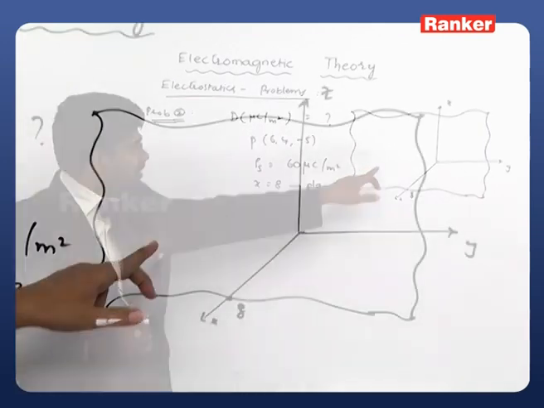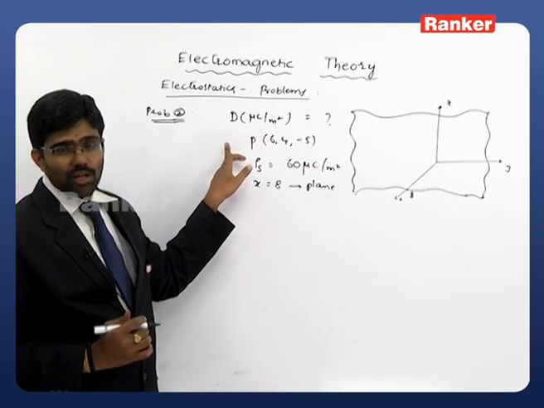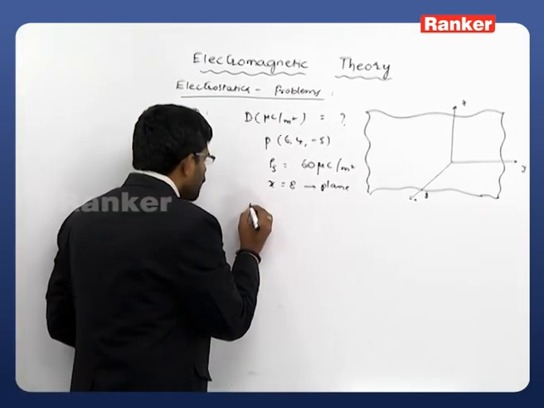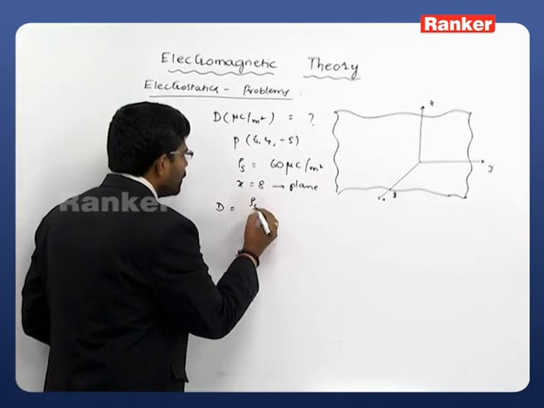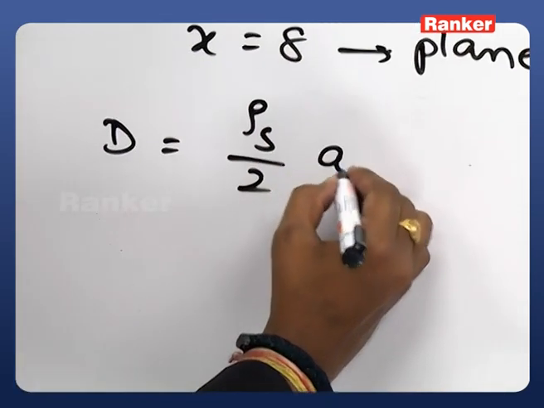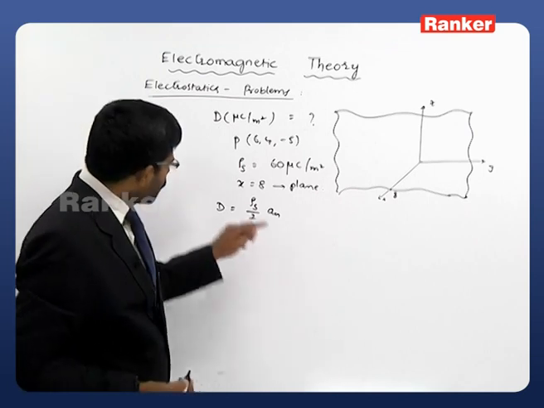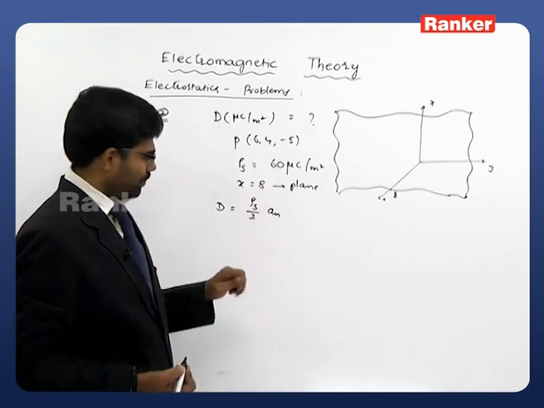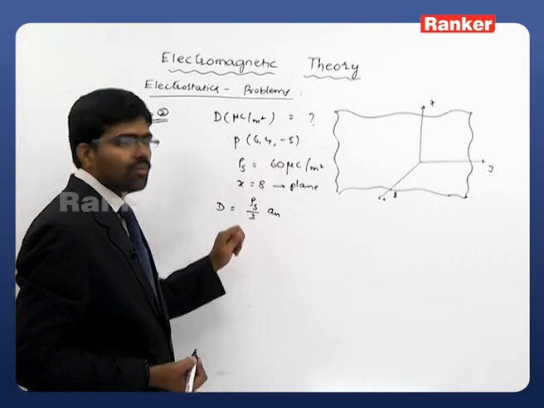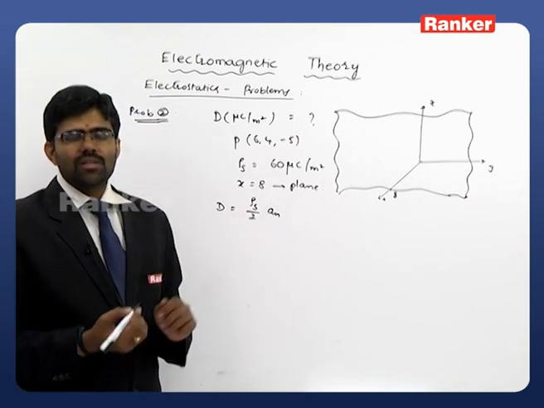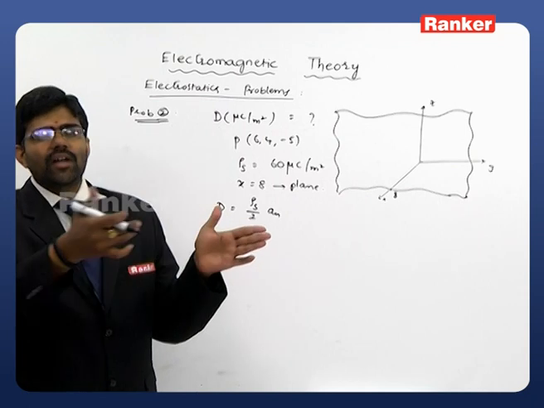Now because of this sheet, what will be the flux density we require? Already we have a general formula. The flux density D equals, a direct formula, just rho s by 2 times a_N, and the direction is normal to the sheet. Already rho s is given to us as 60 microcoulomb. So we require a_N. Now what is that a_N? A normal vector which is drawn from the sheet to the point.